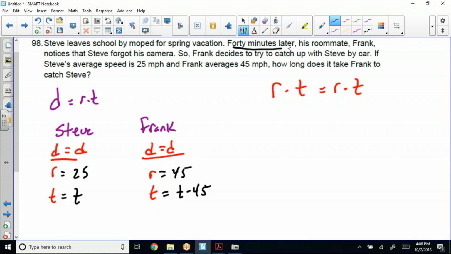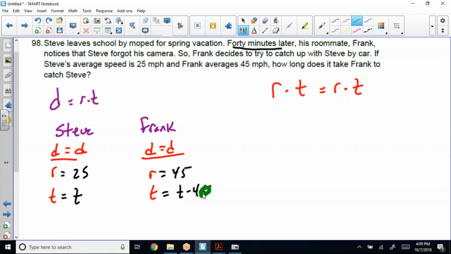Because it was in 45 minutes. But we got to make sure we catch something here, because what I just wrote will make it come out wrong. You've got to pay particular attention to units, okay? Oh, thank you, Dex. It says 40, not 45. Thank you. So T minus 40 minutes, right?